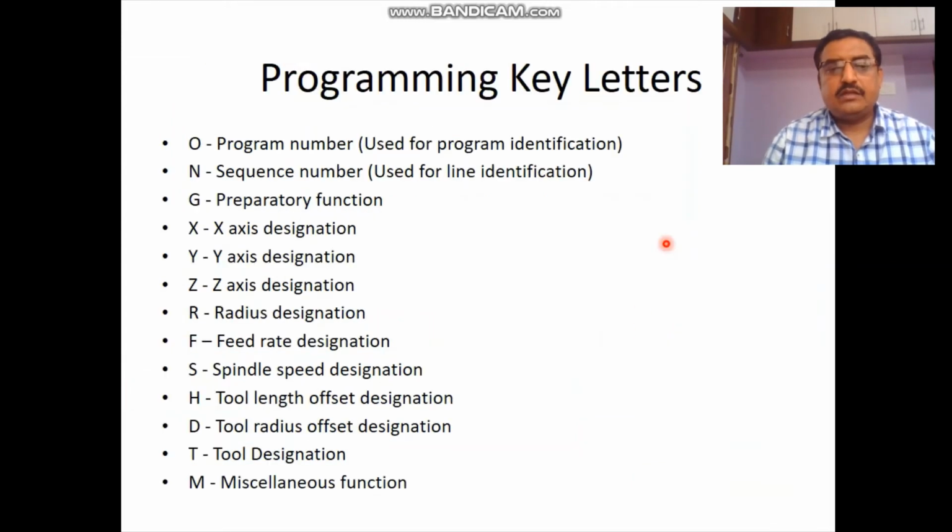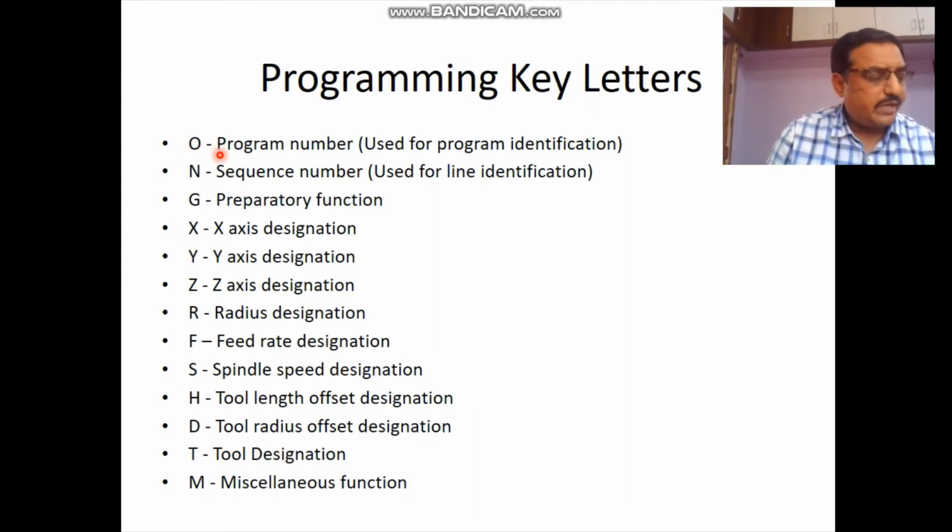Second, there are different NC words, called key letters. To define each data, definite letters are used in CNC programming. Letter O is used to label the program, to identify programs from each other.